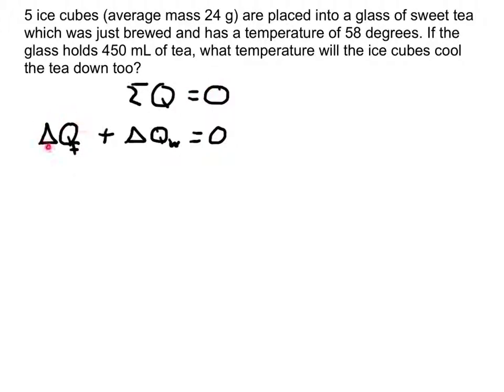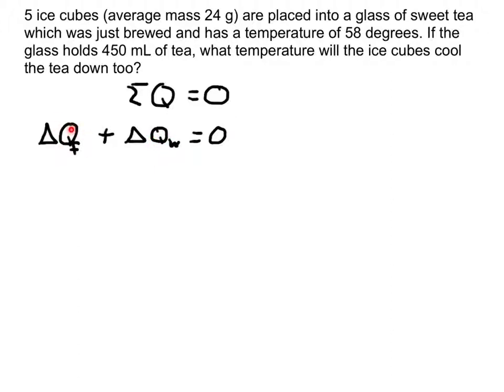So the latent heat of fusion, how much energy the ice is going to take in to melt, is how much heat the water is going to give up. Now remember, delta T on this is going to be negative, going initial 58, final some other temperature. So this is going to be giving it up. This is going to be taking it in.